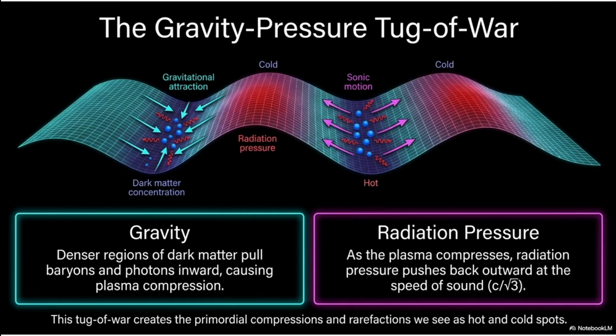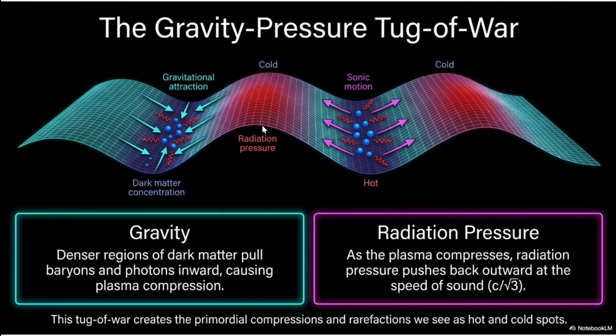So in the same way that you are able to hear me due to sound waves traveling through the air, which are causing compressions and rarefactions of the air density, the same thing happens in the universe where there's gravitational attraction, but as more material gets compressed, the energy from the photons, the energy from that gas, is also increasing, and that means that there's a radiation pressure acting in the opposite direction, which is trying to smooth things back out again.